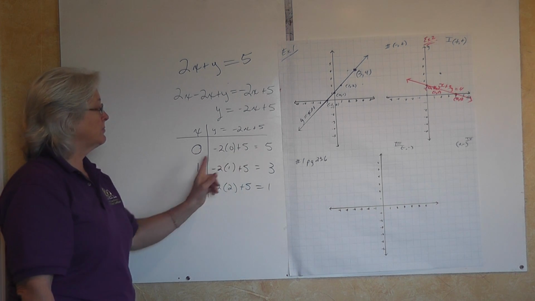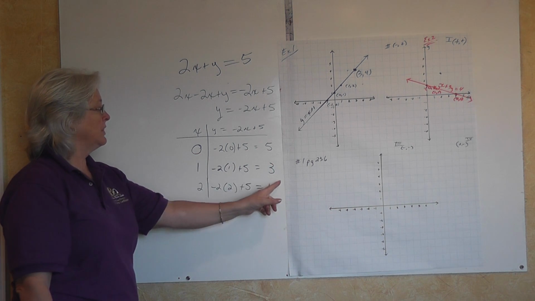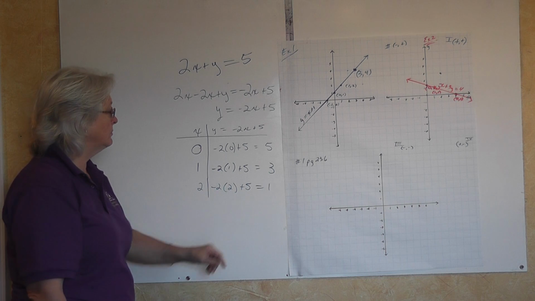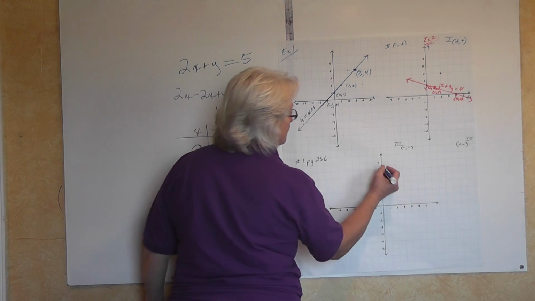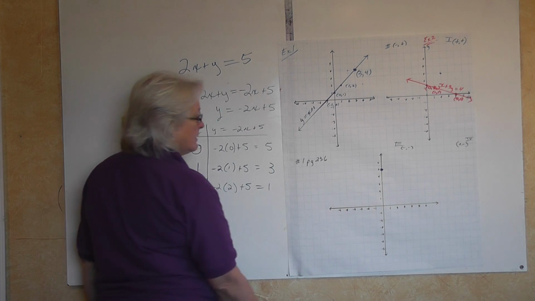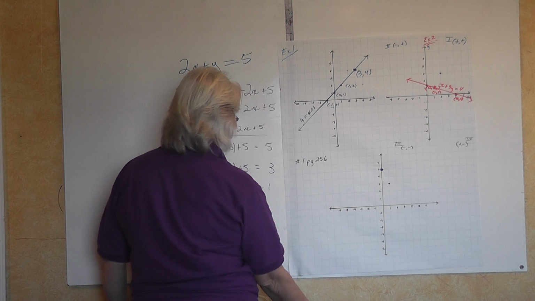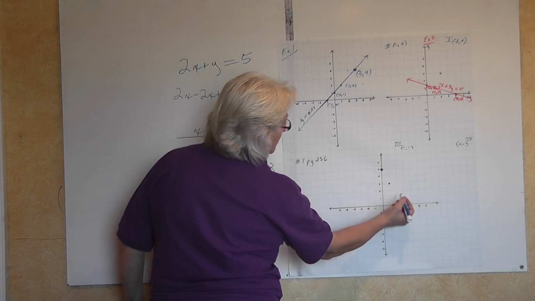I have 3 ordered pairs that I can plot here. I have first 0, 5, 1, 3, and then the ordered pair 2, 1. So I have 0, 5, I have 1, 3, and I have 2, 1.